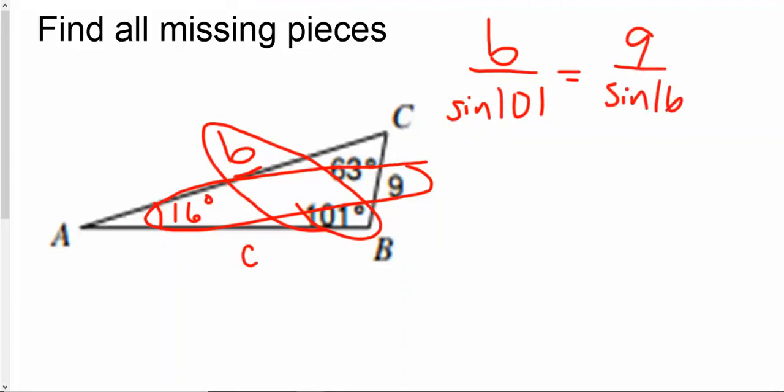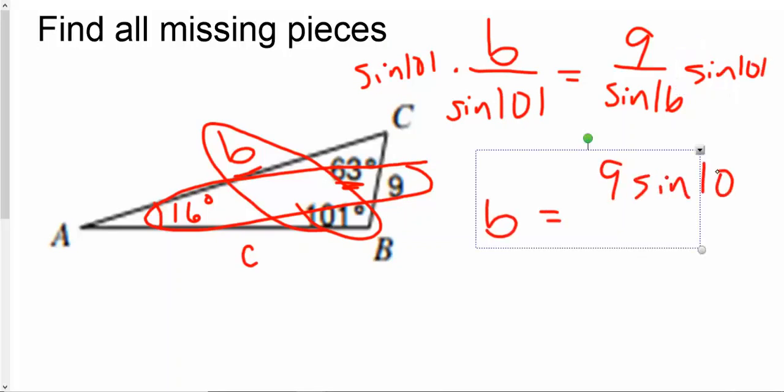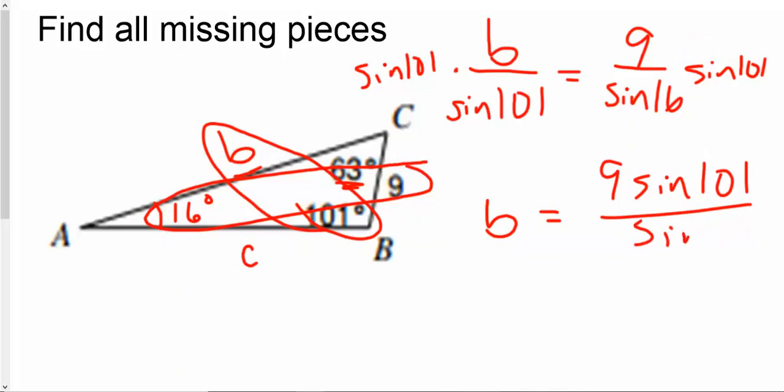Notice I can't use this 63 because I don't know the side length for it yet. Because we're trying to isolate b, we're going to multiply both sides by sine of 101. And so now b is equal to 9 times the sine of 101 all over the sine of 16.